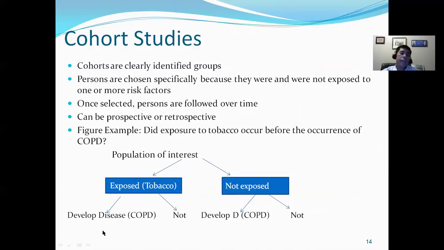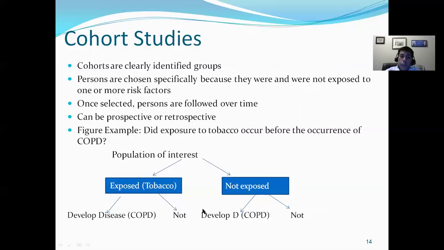And the ones who developed COPD and the ones who did not develop COPD. And in the non-exposed group, there's also a group that developed COPD, and there's also a group that did not develop COPD. That's why it's called a cohort study, because it's a group of people with clearly identified groups who were and were not exposed to one or more risk factors.